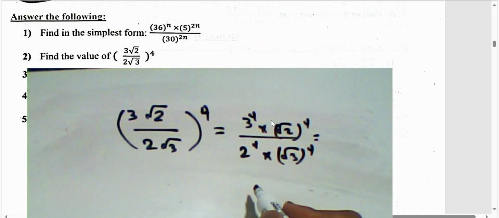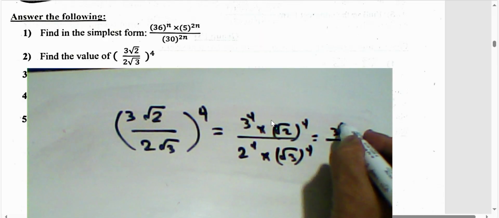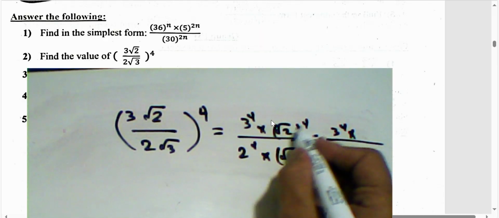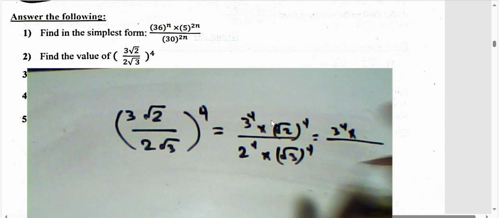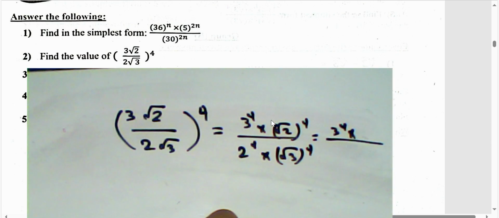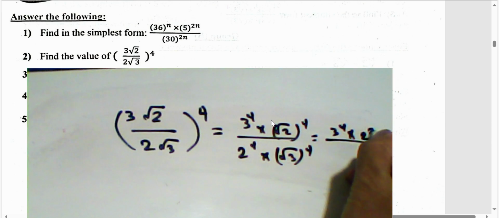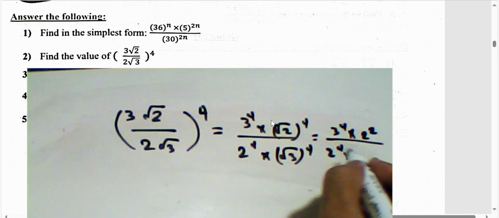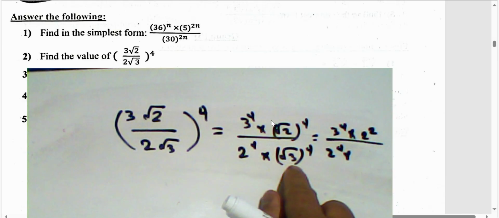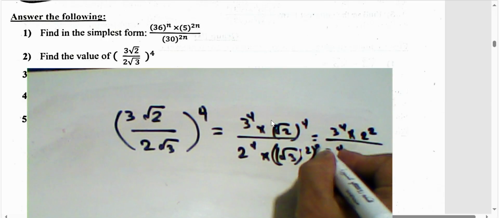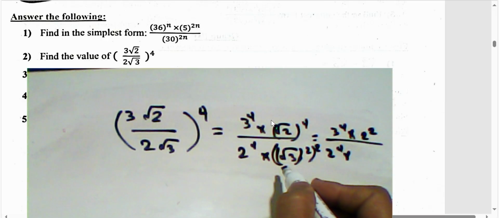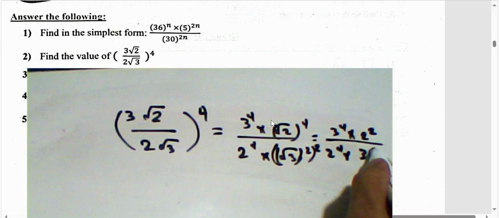We can write here 3 power 4 multiplied by root 2 power 4, which is equivalent to root 2 power 2, all power 2. Root 2 power 2 will be 2, so 2 power 2 here, and 2 power 4 below. And also root 3 power 4 is equivalent to root 3 power 2, all power 2, and root 3 times itself will be 3, so 3 power 2 here.